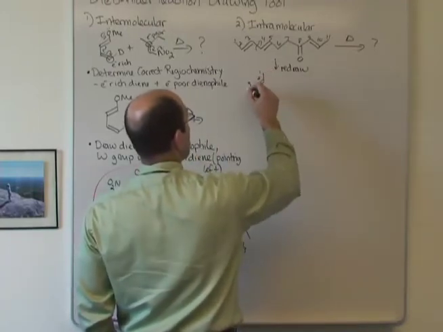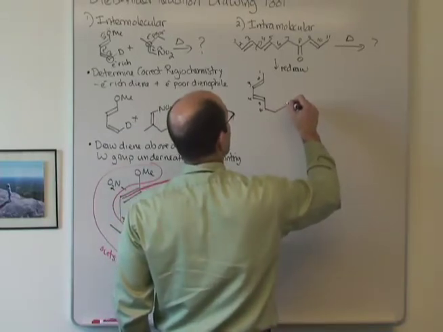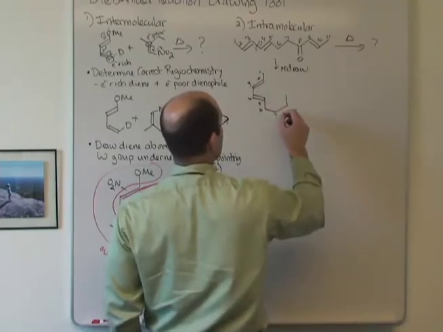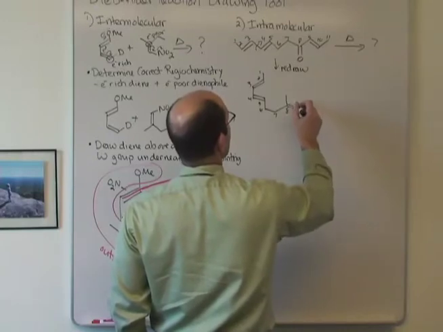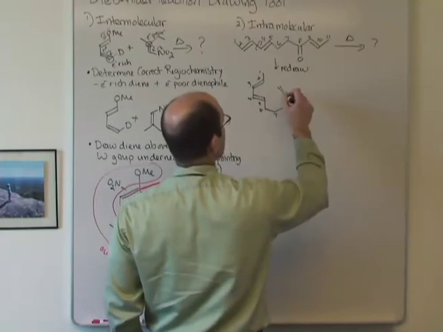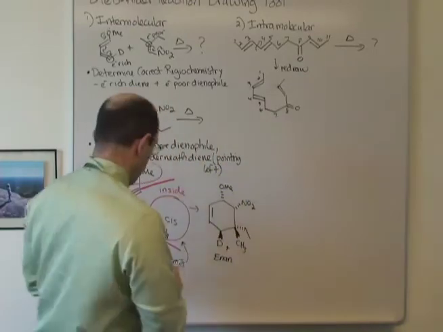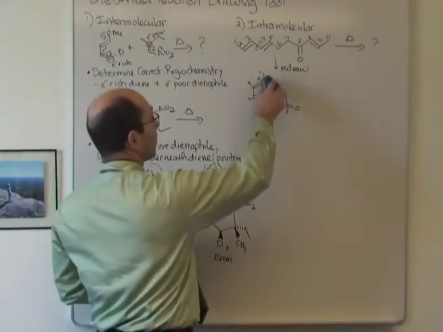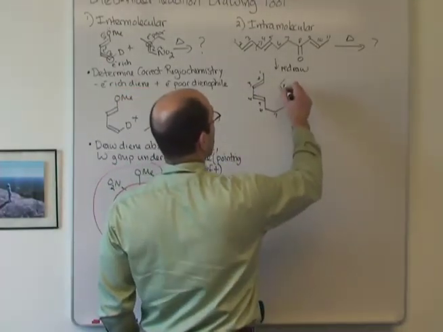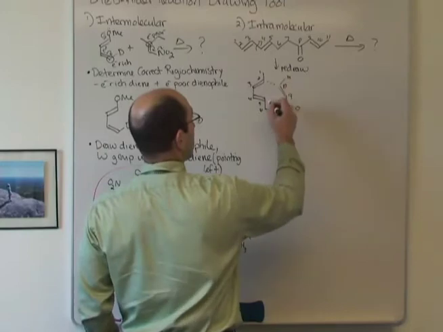So 6, 7, 8. 8's got a carbonyl on it, and then we have our double bond, and it's trans, so it's going to look something like that. Okay. So that's 8, 9, 10, and 11. All right, and that's really the only way we can orient this compound so that it'll do the Diels-Alder, right? It's going to react like that.